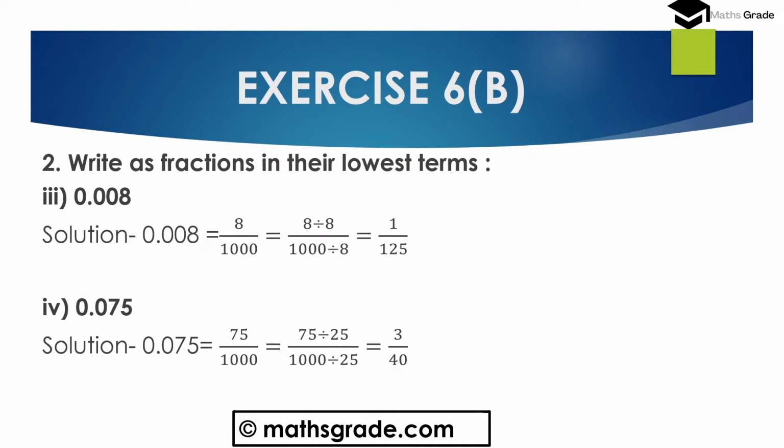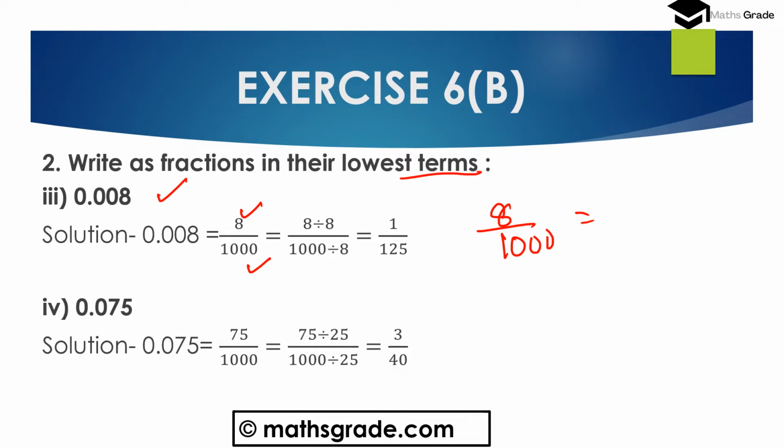Now question number third, part 0.008. We have to write this decimal 0.008 in the fractional form in the lowest term. So 0.008, here after the decimal point there are 3 digits, so we have to divide 8 by 1000 because 1000 has 3 zeros. So 8 divided by 1000. Now find out the highest common factor between 8 and 1000.